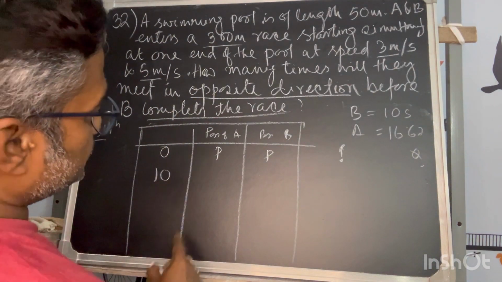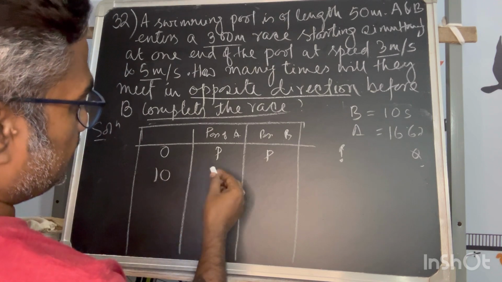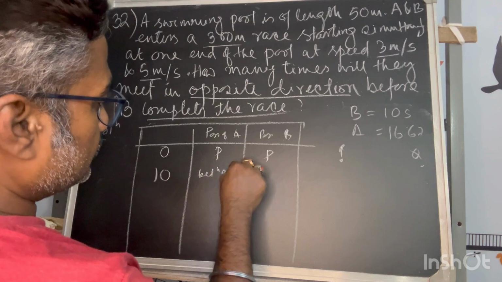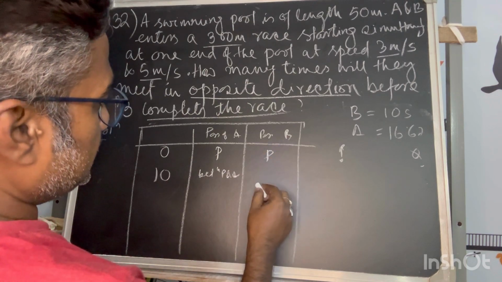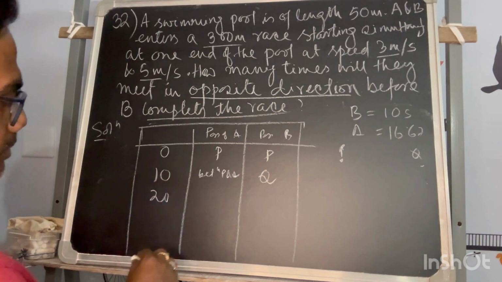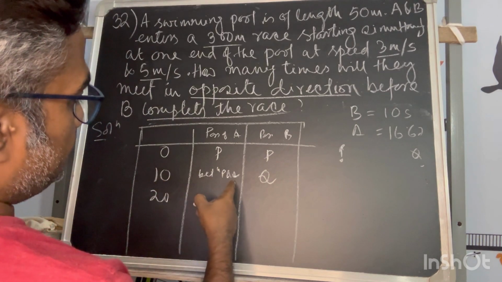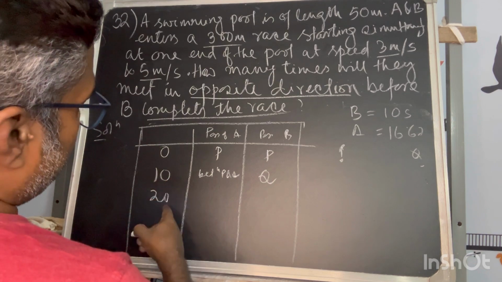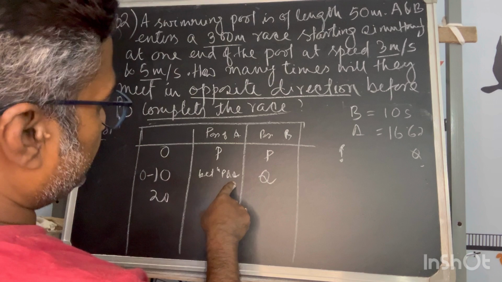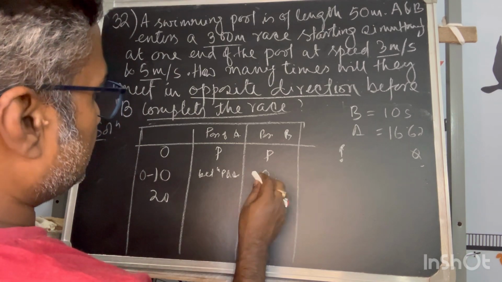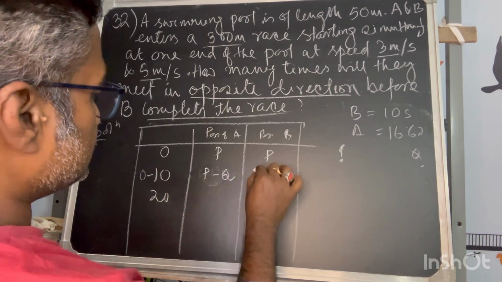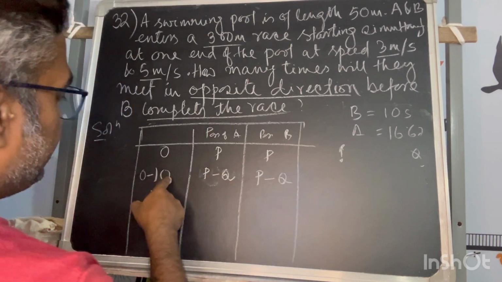At 10 seconds, position of A is in between P and Q. B is in Q. At 20 seconds, that means I have to take a range 0 to 10 seconds. It is in between P and Q, and B will be in between P and Q, because at 10 he will reach.